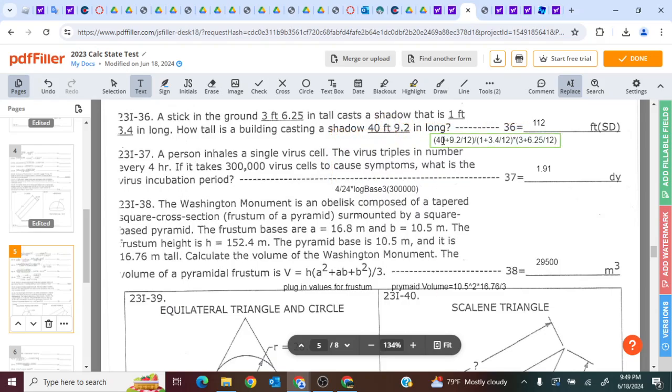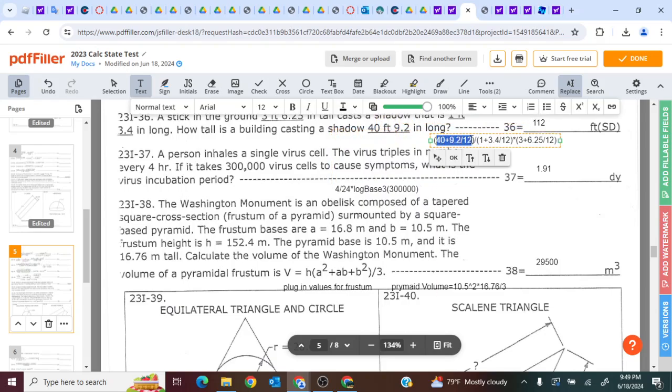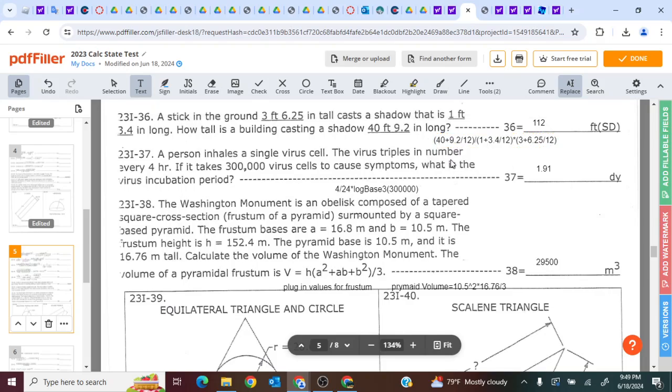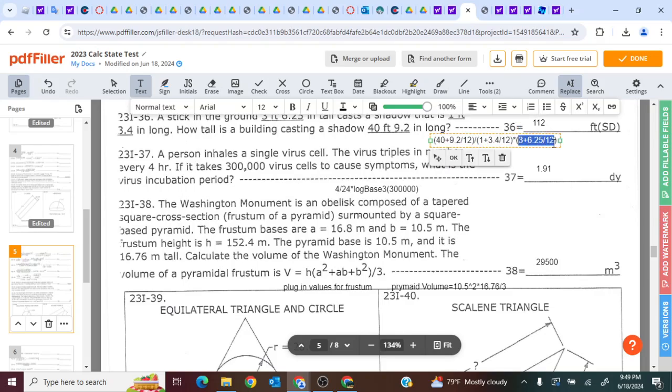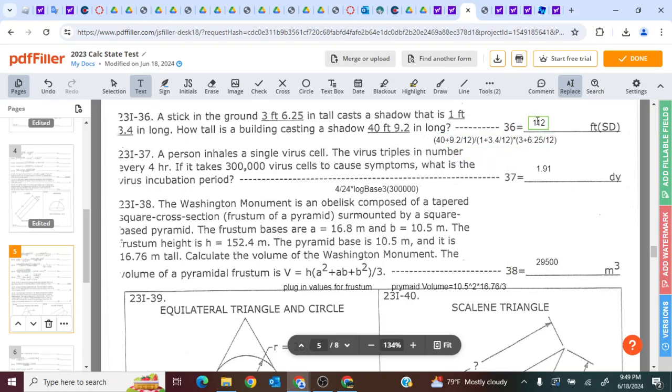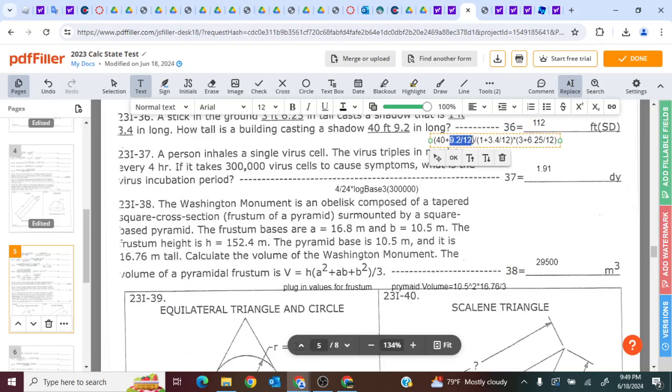Which means you can do a proportion of the new shadow length over the original shadow length, and then you can multiply that by the original height, as shown here, to get the total height of the building. All these inches are converted to feet, as seen, and this overall is the proportion you are multiplying the original height by. If you do that, you get 112.